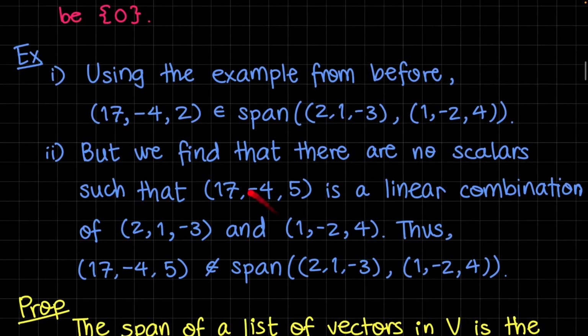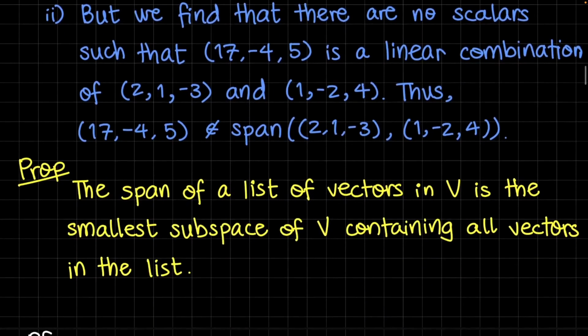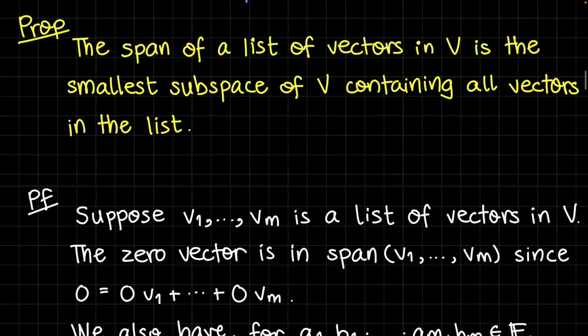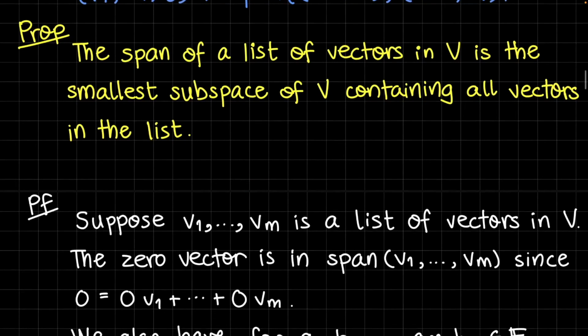And if a vector is a linear combination of the vectors in the list, then it belongs to that linear subspace, else it does not. So now we have a notion of things lying geometrically in a space if they can be expressed as a linear combination. Here's an important proposition, and here's where we will prove that the span is a linear subspace.